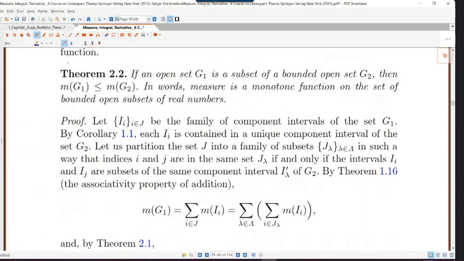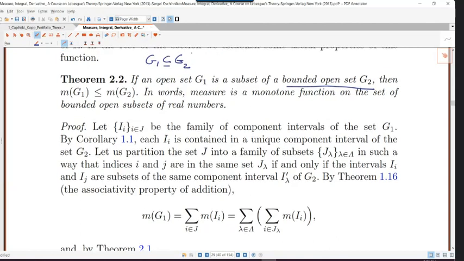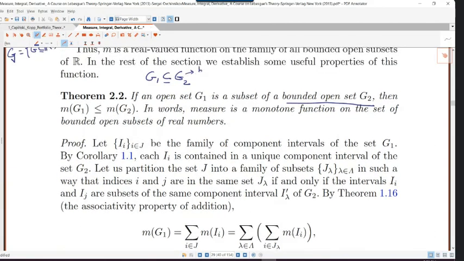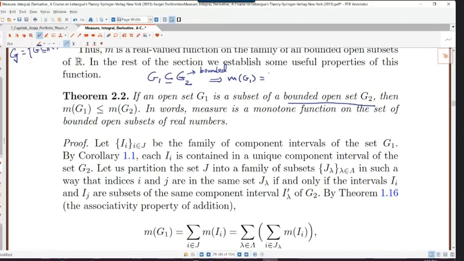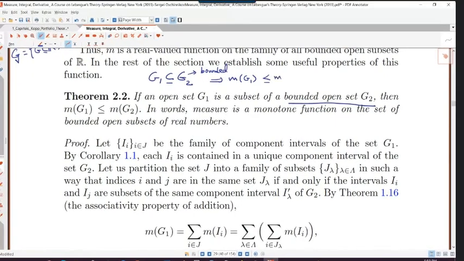Theorem 2.2 says that if an open set G1 is a subset of a bounded open set G2, and G2 is bounded, and hence G1 is bounded too, because G1 is bounded by G2, and both of them are open, then M of G1, the measure of G1, is less than or equal to the measure of G2.